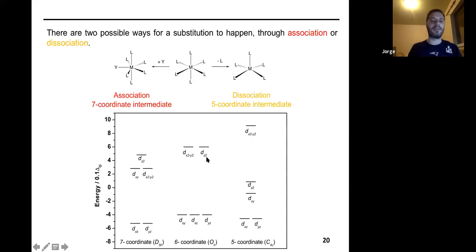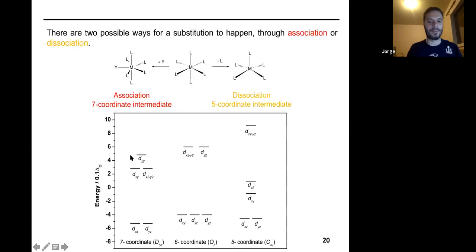For a 7-coordinate species, the d orbital splitting will look something like this. At the bottom we have dxz and dyz, and then up we have dxy, dx squared minus y squared, and dz squared.